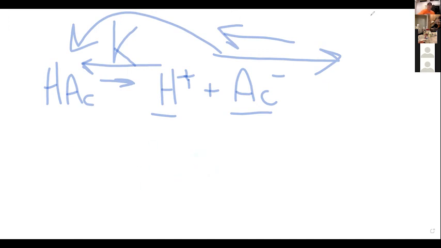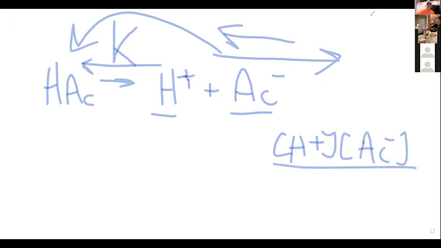because we calculate K by the concentration of the products divided by the concentration of the reactants. That's how we calculate equilibrium.